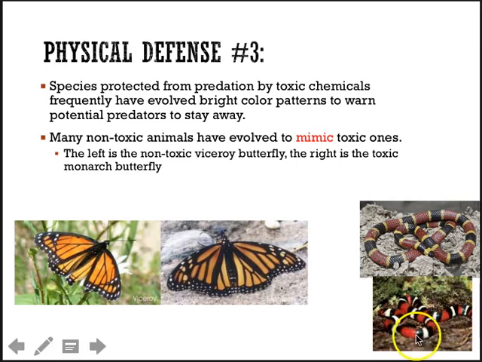So this one has red right next to the black stripe. So this is a friendly snake. This is a king snake. And then red on yellow kills a fellow. So red next to yellow, no bueno. Don't go near it. It could kill you. But the king snake has evolved to look very similar to the coral snake as a defense, even though the king snake is not, in fact, venomous.